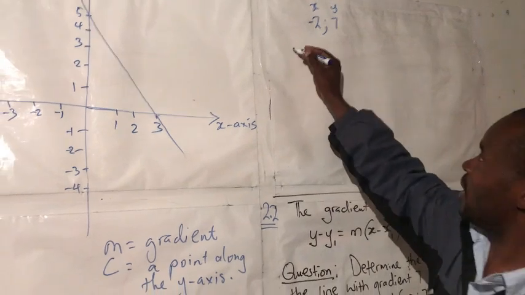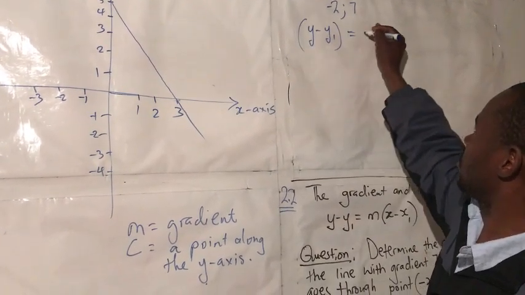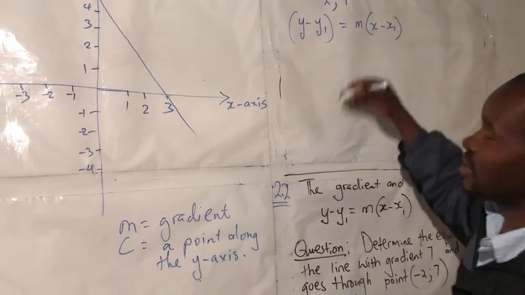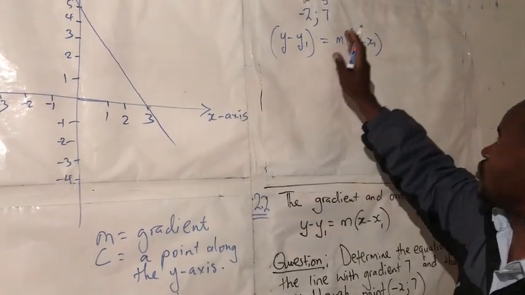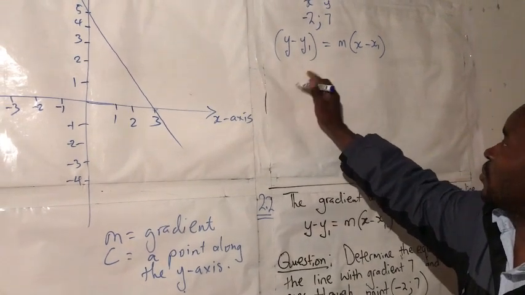Hence, our formula says y minus y1 equals m open x minus x1. So it's a matter of substitution. Let's substitute the values of x and y on this equation.